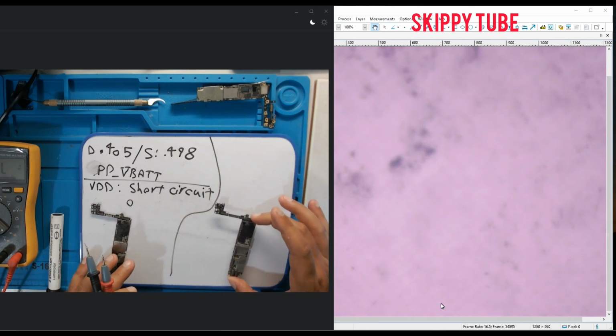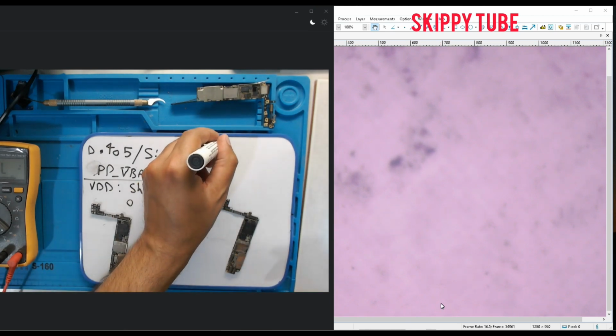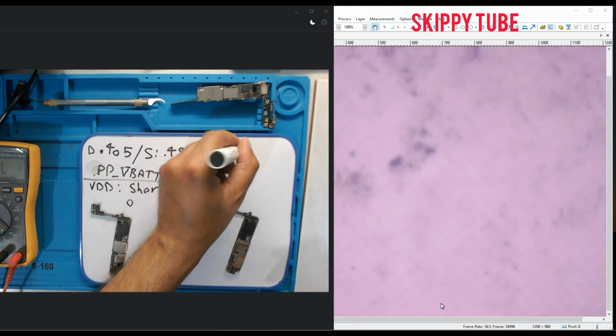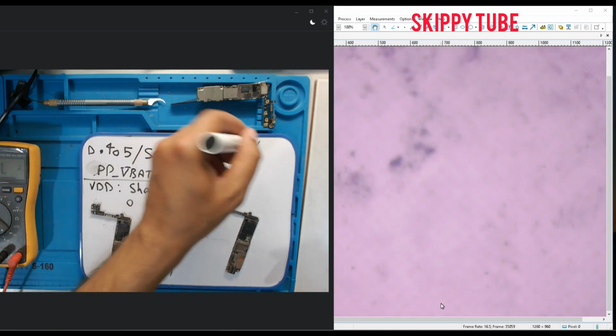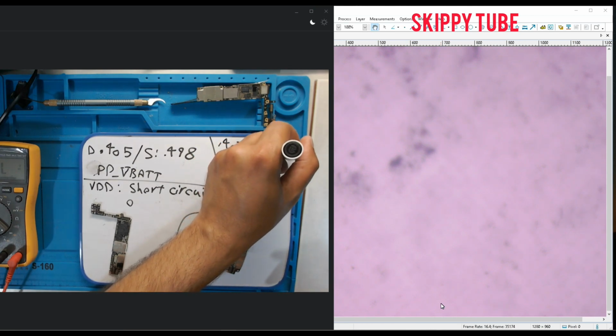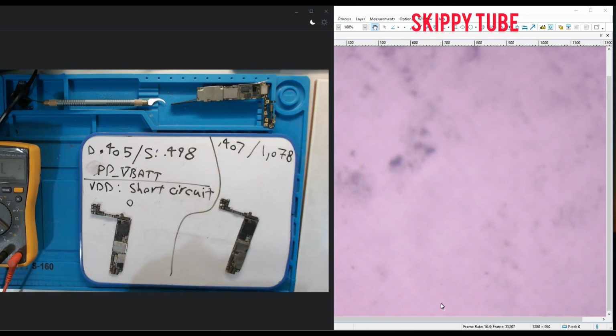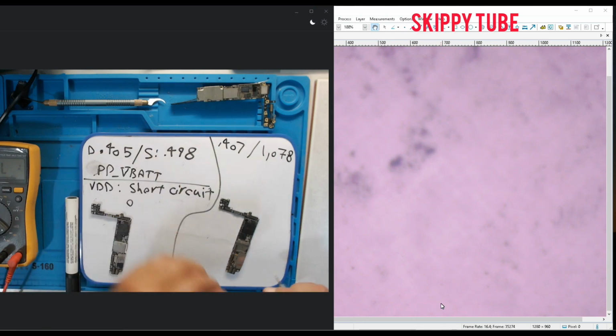Okay, did you see, again that value is showing 407, like this, 405, and the Skippy value showing 1.070, I think 8. This is normal, because it's showing more than 2.5x.